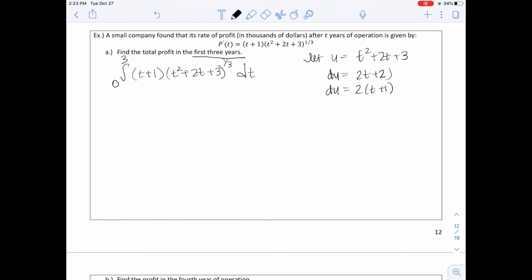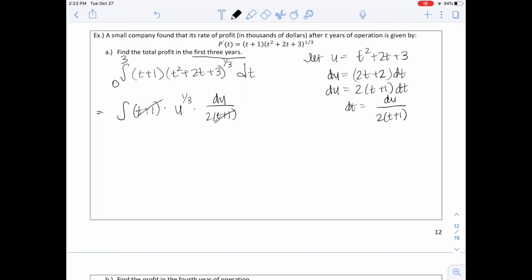And I'm going to go ahead and put my dt in here also. So I can say that dt is equal to du divided by 2 times t plus 1. And so from here, I'm going to say this is equal to, and I'm going to put my limits of integration on in just a sec, but I have t plus 1 times u to the 1/3 times dt, which is the same thing as du divided by 2 times t plus 1.